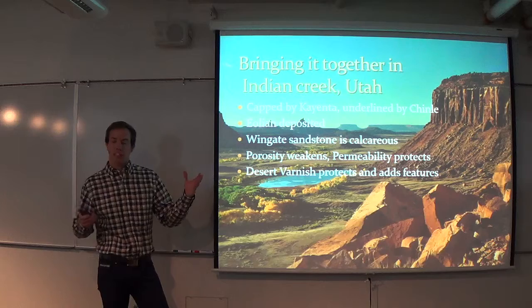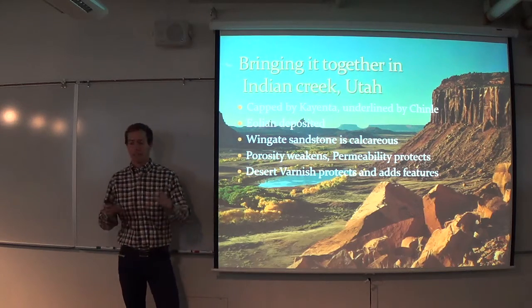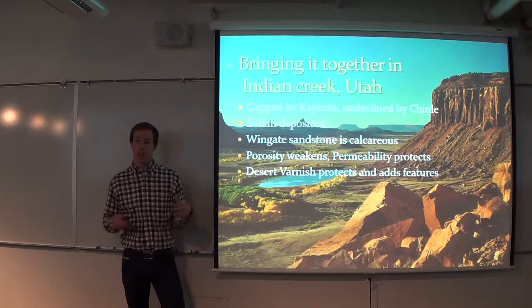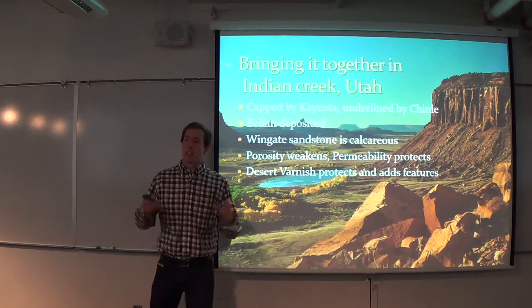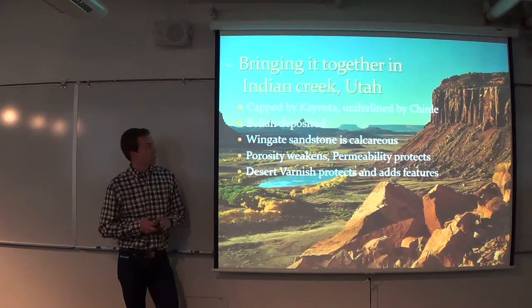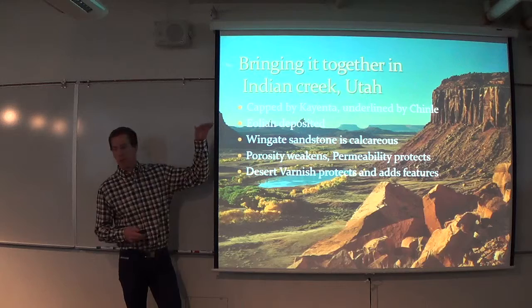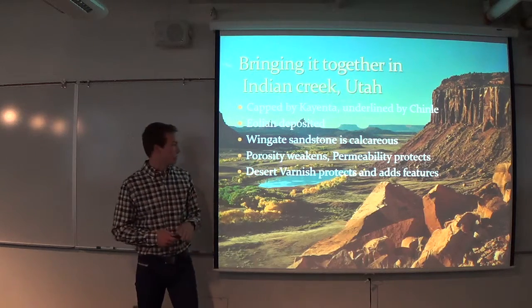It's pretty significant for rock climbers and for other people, but it's significant because as it rains and the rock gets wet, 75% of the dry strength of the rock is lost. And then the permeability, or the lack of permeability in the other layers, helps protect it.